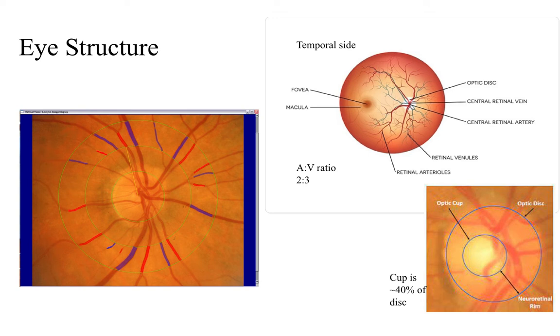And a couple of things to point out that you're going to see looking at this picture right here. Notice that this is the temporal side. That means the lateral side, or the opposite side of the nose. And you can see from that the fovea and the macula, remember that's going to be your most concentrated, sharpest image generation, is located on the temporal side, and the optic disc is going to be located on the nasal side.